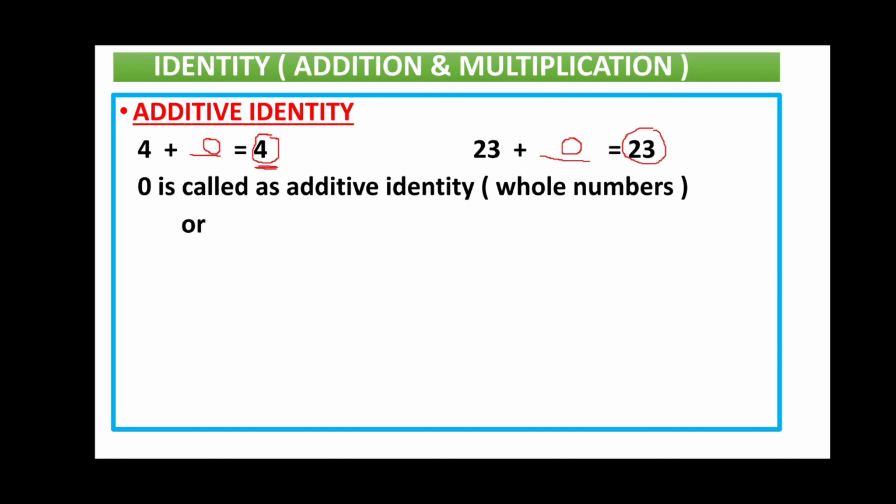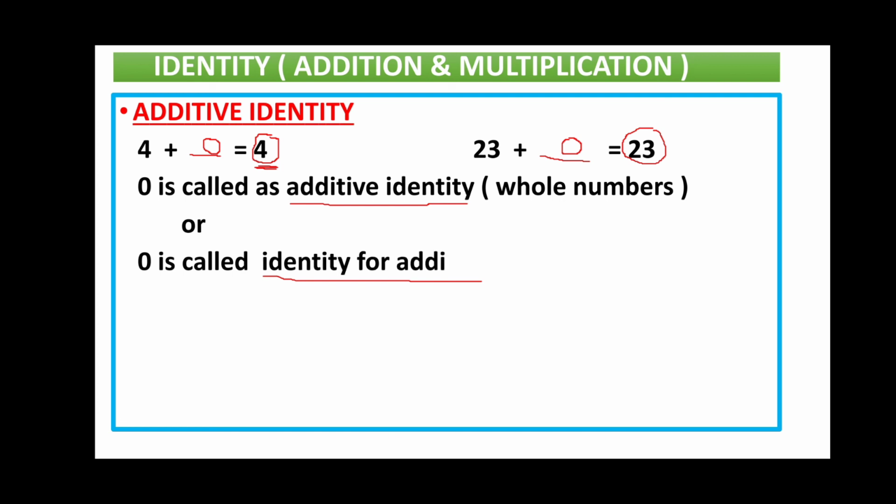If we observe here, 4 plus blank gives exactly the result 4. Which number, if you place in that blank, will give you 4? Obviously 0. And in 23, which number if you place in that blank, you will get 23? 0. So 0 is called the additive identity of that particular whole number.